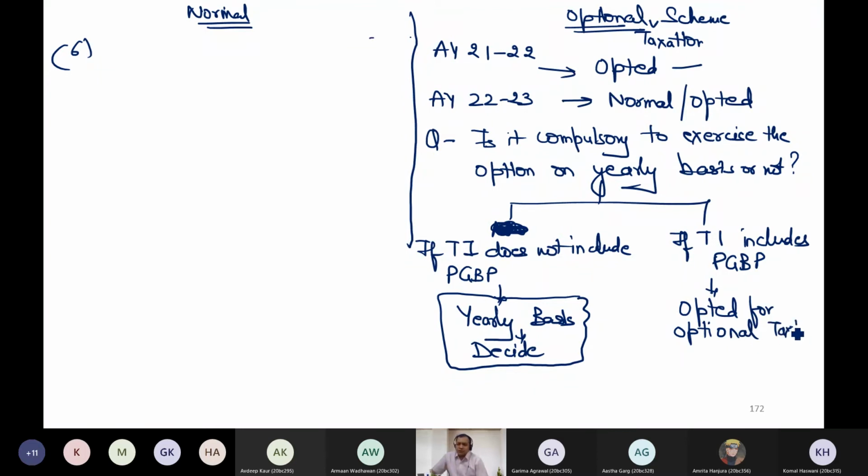Once I opt for optional taxation, I have to opt for it in subsequent years also. If my income does not include PGBP, on a yearly basis I can decide. If my income includes PGBP, then once I opt for optional taxation, in subsequent years also I have to compulsorily opt for optional taxation.